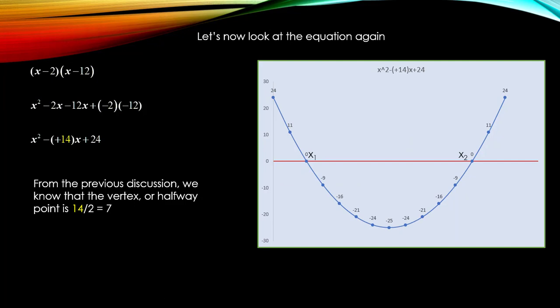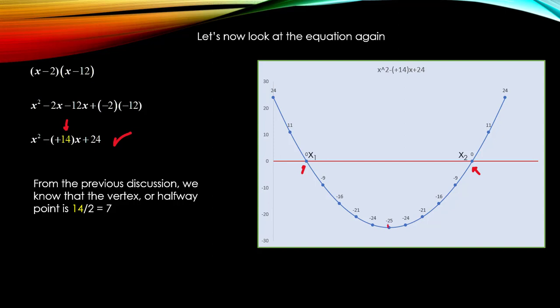In this slide, I've removed all of the information on the graph. We just represented this point and this point as x1 and x2. Remember that this is our equation, and from our previous discussion, we know that the vertex or the halfway point is located at x equals 14 divided by 2.